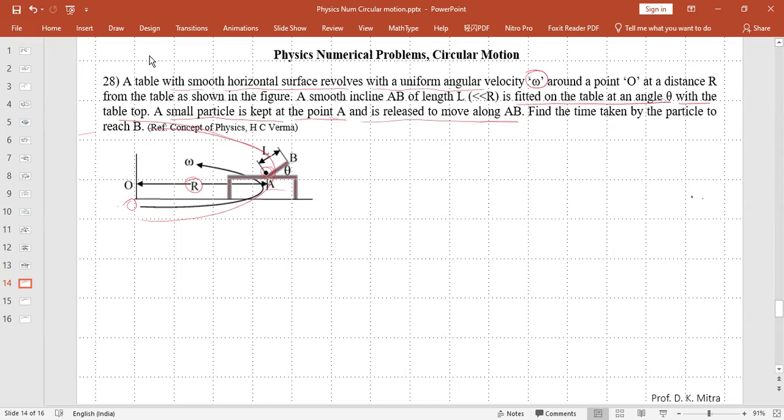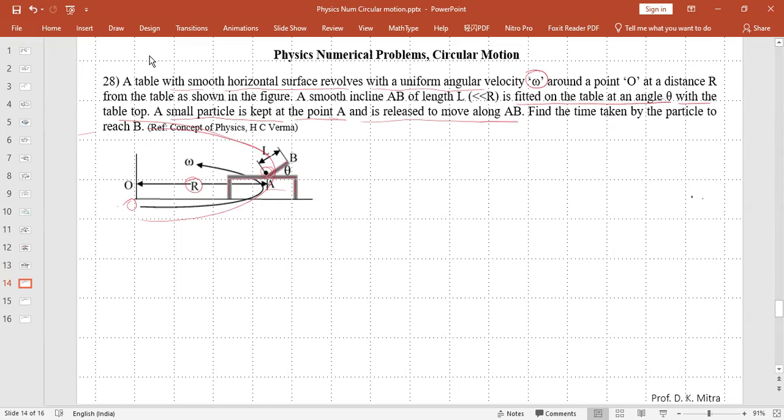Now, here is the catch. Who will provide this centripetal force? Because the table is smooth and there is no string between the center and the small block, neither does gravitation work, because gravitation works only perpendicularly downward.